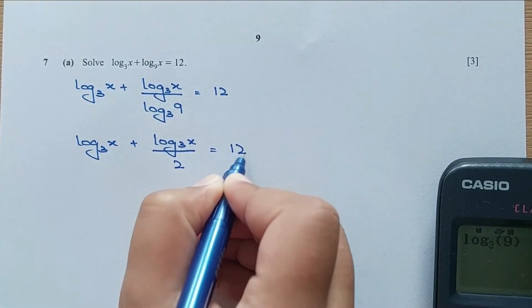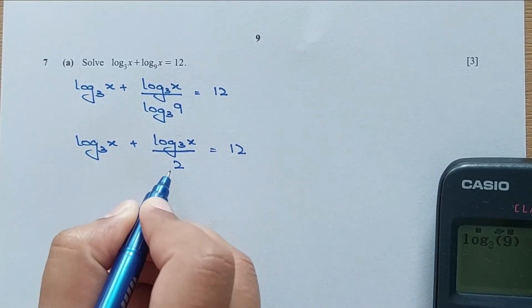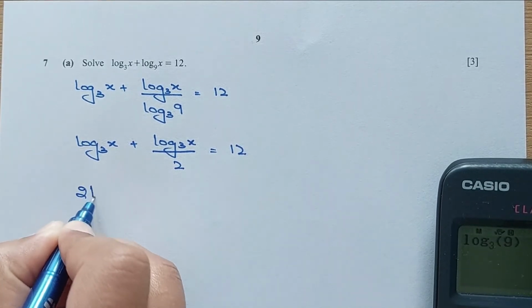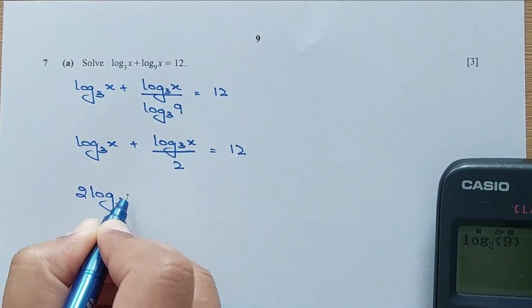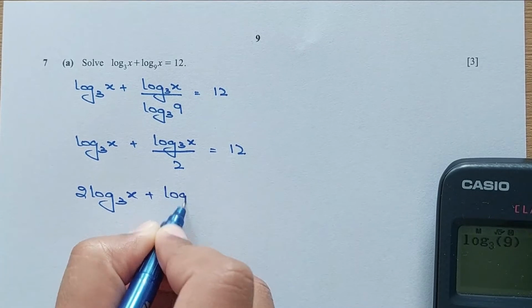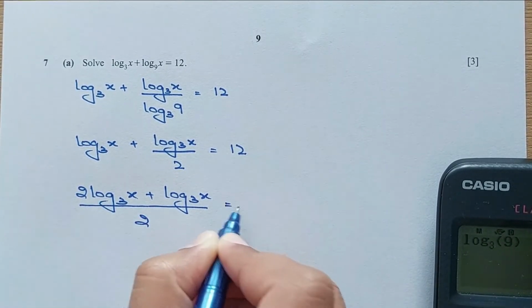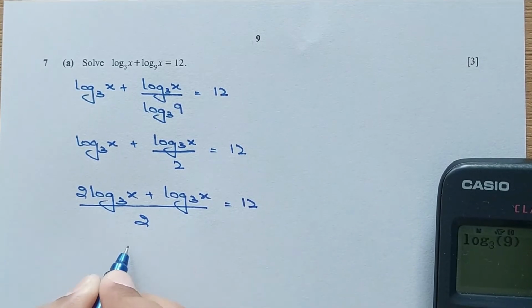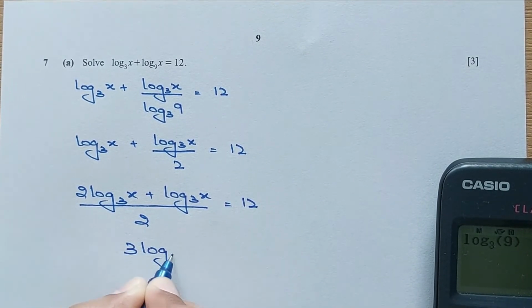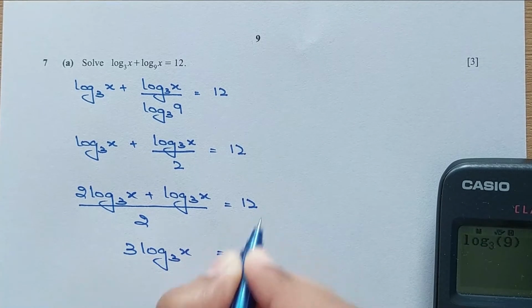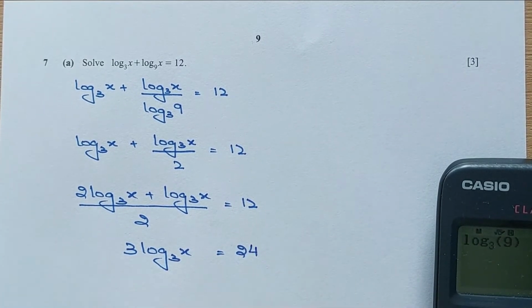equals to 12, right? So take an LCM, 2 is multiplying with this, so 2 log 3 x plus log 3 x divided by 2 equals to 12. So 2 plus 1 is 3, log 3 x equals to 2 times 12 is 24, right?